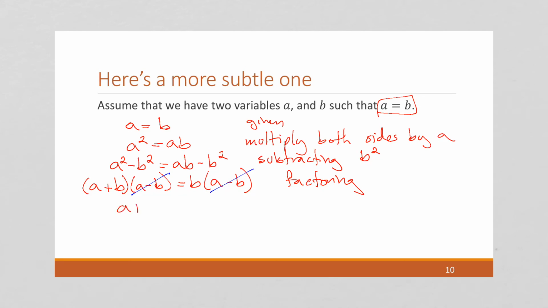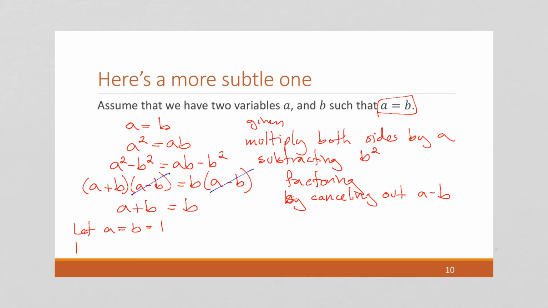And now I have a plus b equals b. Okay, so we know that a equals b, so let's let a equal b equal 1.